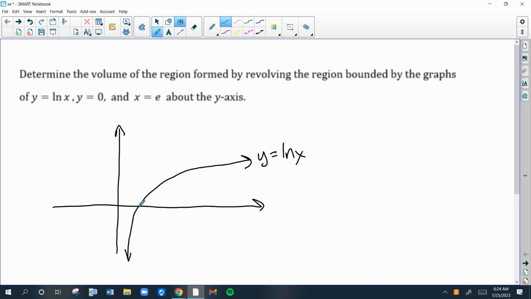We know ln of x goes through 1 comma 0. We have y equals 0, which is the x-axis. And we have x equals e, which is a vertical line at x equals e, which is 2.718.